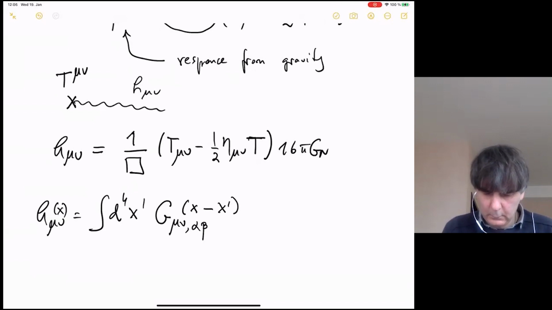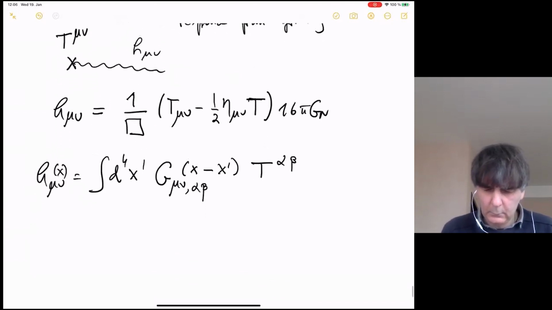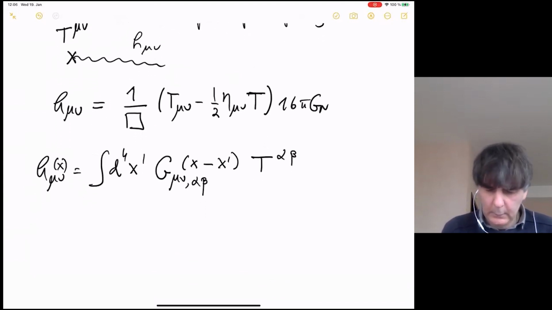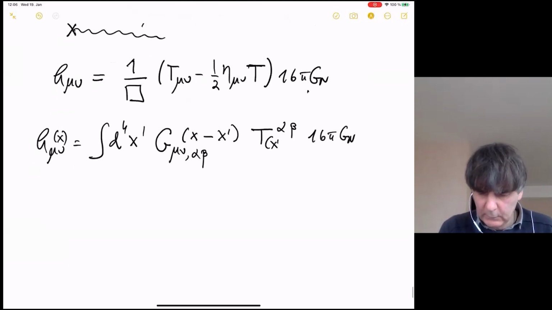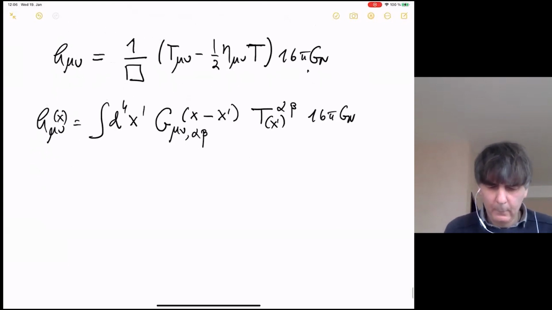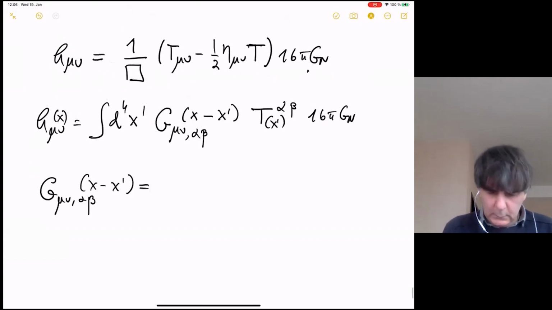This is coupled with a source alpha beta. I can also rescale it into the propagator. So this is evaluated at point x prime, where G mu nu is a graviton propagator, okay?